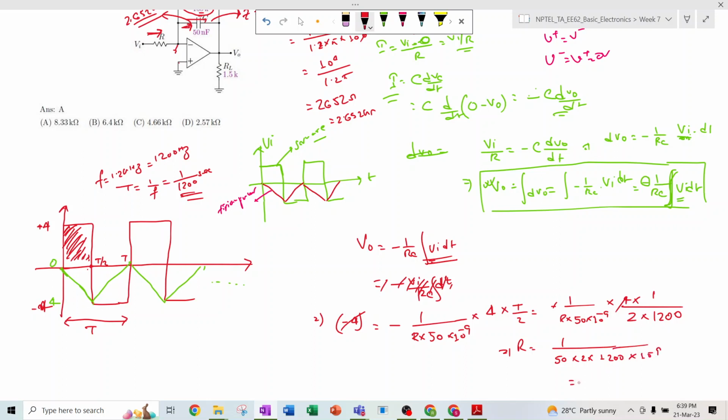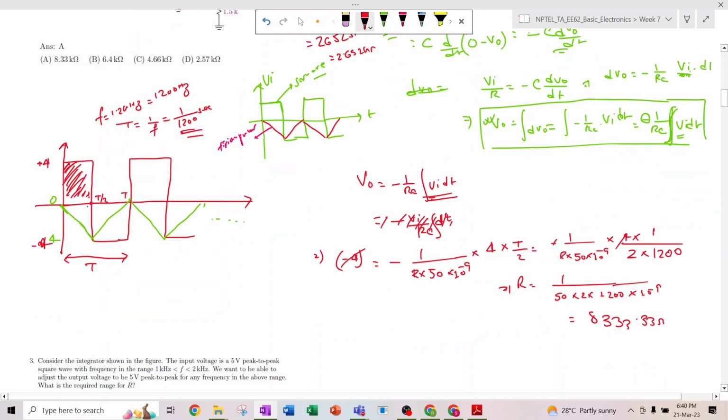If we calculate this, 50 into 2 into 1200 into 10 to the power minus 9, and the inverse of this, 1 divided by the answer, which is 8333.33 ohm.